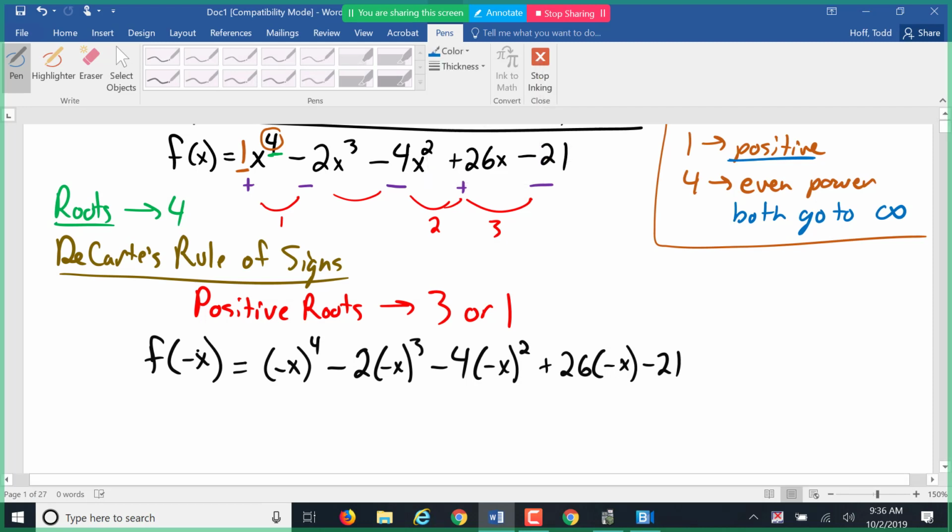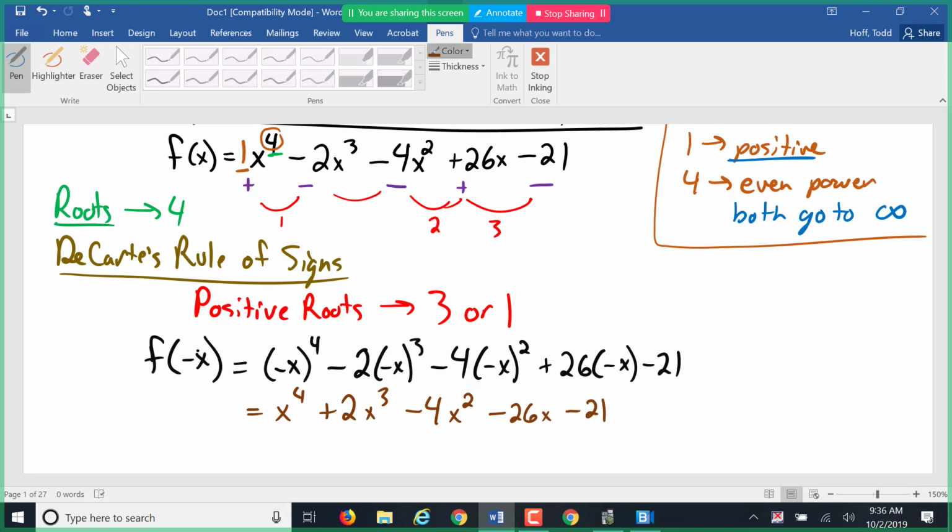It's still a positive x to the 4th. Negative x to the 3rd, though, is a negative x to the 3rd. So negative 2 times negative x is a positive 2x to the 3rd. Negative x squared is just a positive x squared. So negative 4 times positive x squared is negative 4x squared. 26 times negative x is a negative 26x, and then, of course, the negative 21.